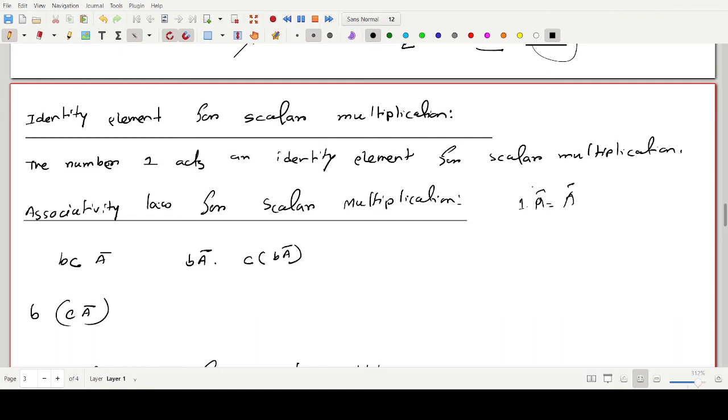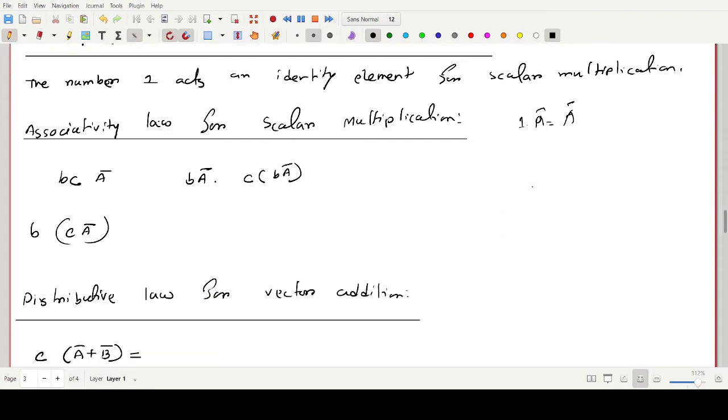Now, the associativity law for scalar multiplication. There are some properties that we have for scalar multiplication too, as we have seen for vector addition. So number 1, the associativity law. What is the associativity law? Let's say we want to calculate bc times a.